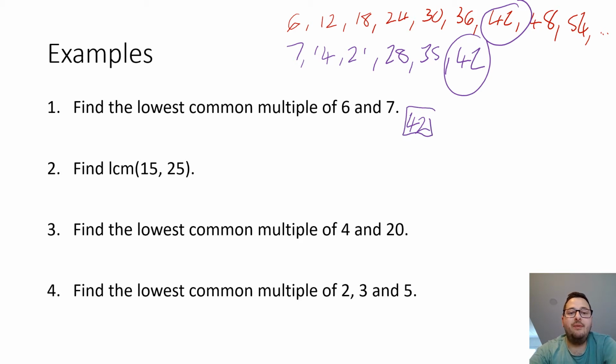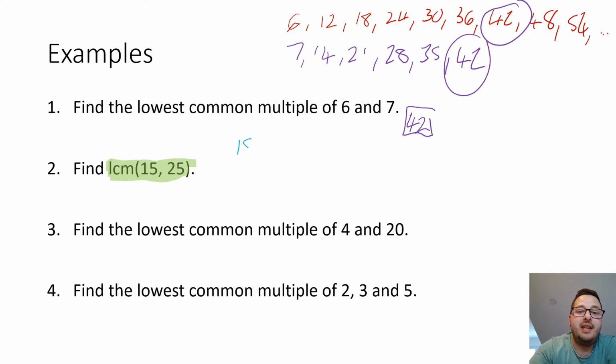So number 2 says find LCM brackets 15 and 25. Okay, so I've just written the question a little bit differently, but this is exactly the same as what we've just been doing. So we want to find the lowest common multiple of 15 and 25. So let's give that a go. Let's grab a couple of different colours. We'll start with blue.